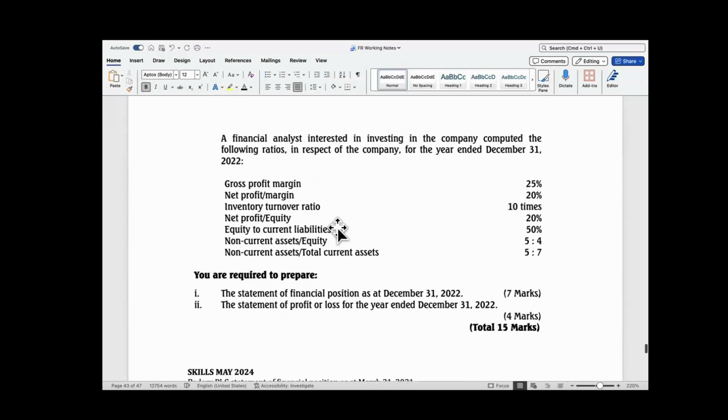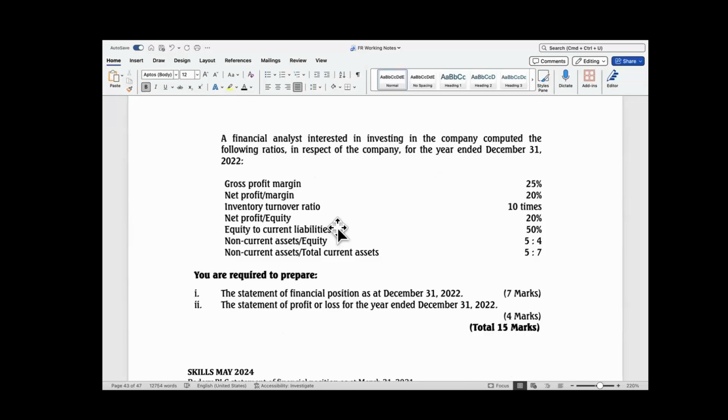A financial analyst interested in investing in the company computed the following ratios for the year ended December 31st, 2022. Gross profit margin 25%. Net profit margin 20%.